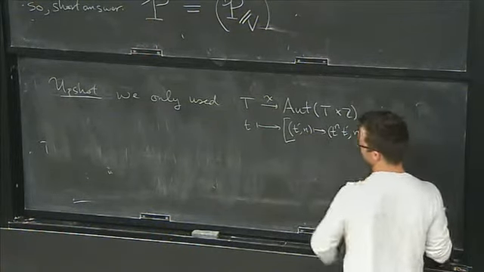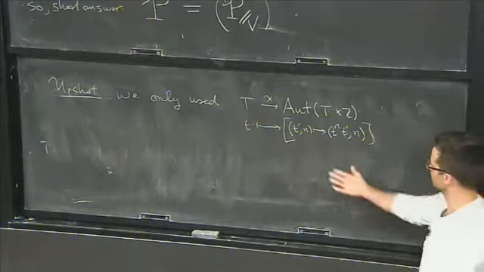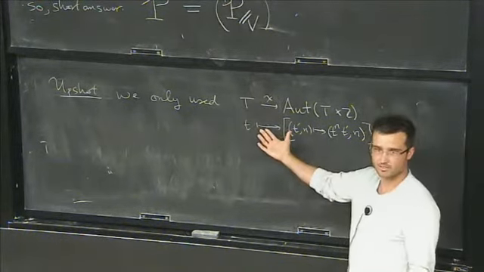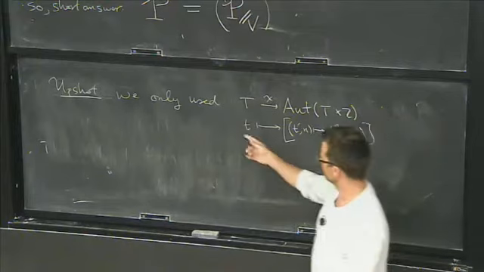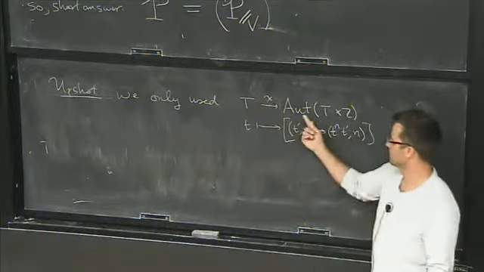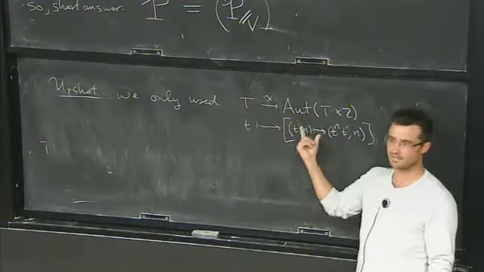That's what chi is. We just applied that to the transition functions of a principal bundle, and that's what made the whole thing work. So it should also work for other things that you can map into Aut(T cross Z).